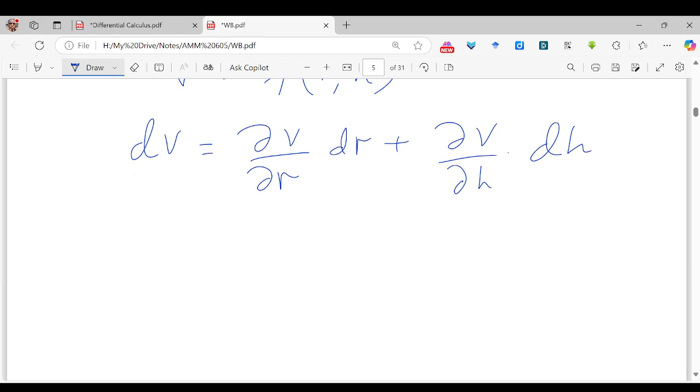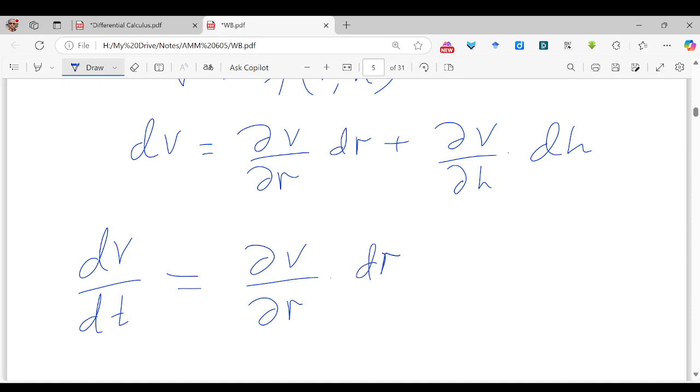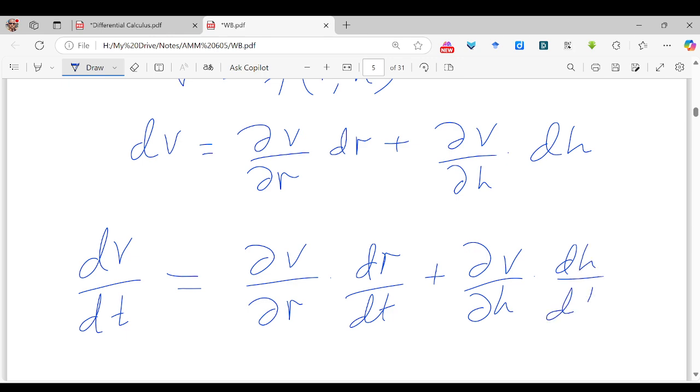Since we want to find the rate at which the volume changes per unit change in time, that is dV/dt, we shall divide both sides of this expression by dt, so that we have the partial derivative of V with respect to r times dr/dt plus the partial derivative of V with respect to h times dh/dt.